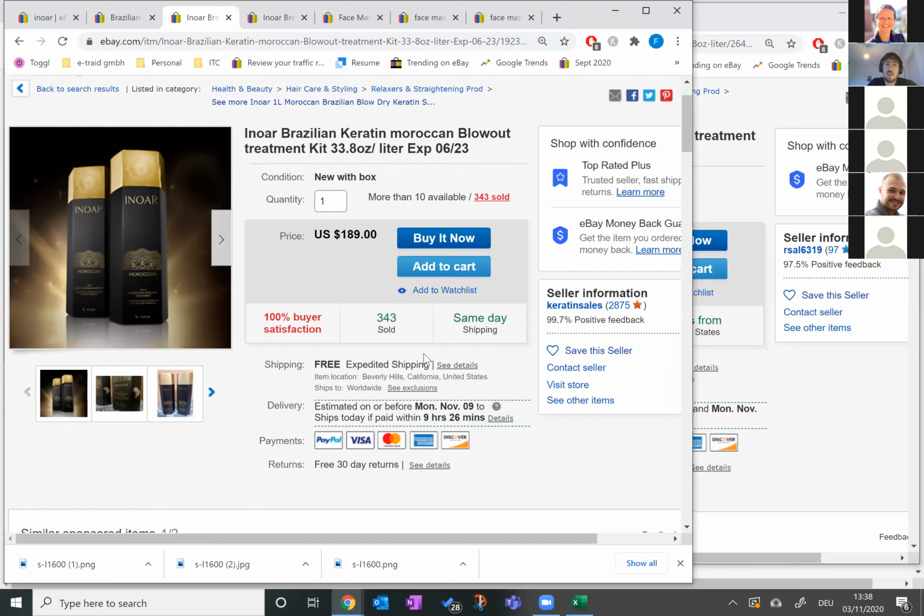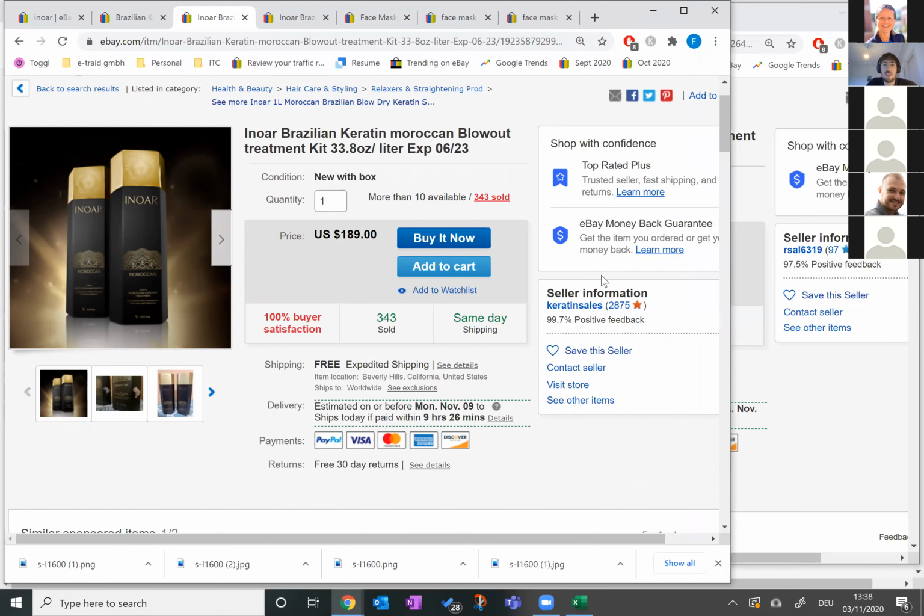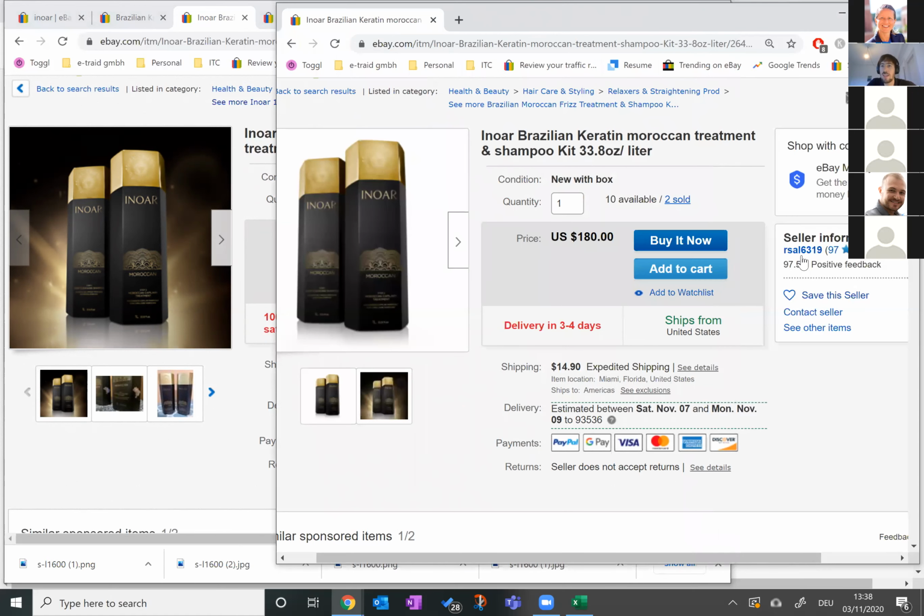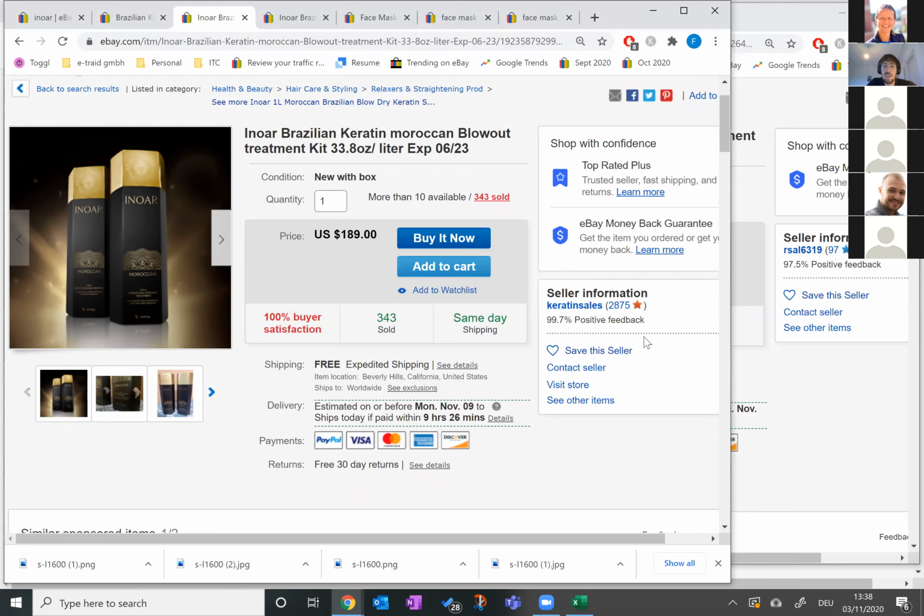And when you look at a listing, you can always see the seller information here on the right-hand side. In this case, we have 2 different sellers. This one is called Keratin Sales, and this one is called RSAL 6319.